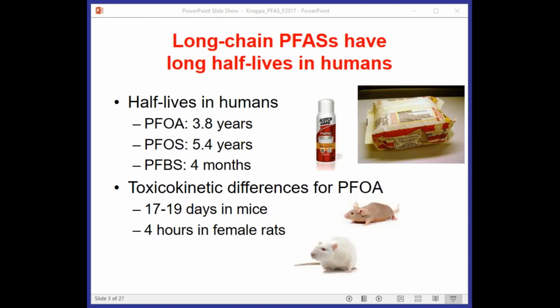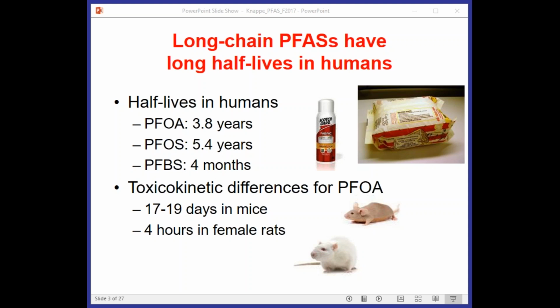And the microwave popcorn bag I'm showing because microwave popcorn bags are also coated with fluorochemicals, and they have been a source of PFOA and are currently probably a source of emerging PFASs.